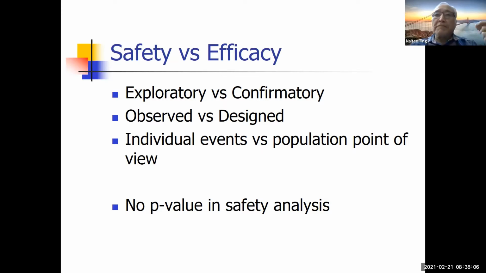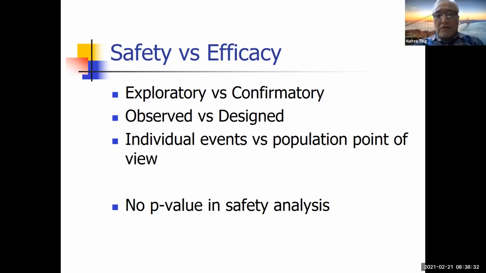If we see a difference between the test drug and the control with a small p-value, that gives us a warning signal that we have to pay attention to this particular event. I say that's not necessary, because all we need is to look at the percent differences.